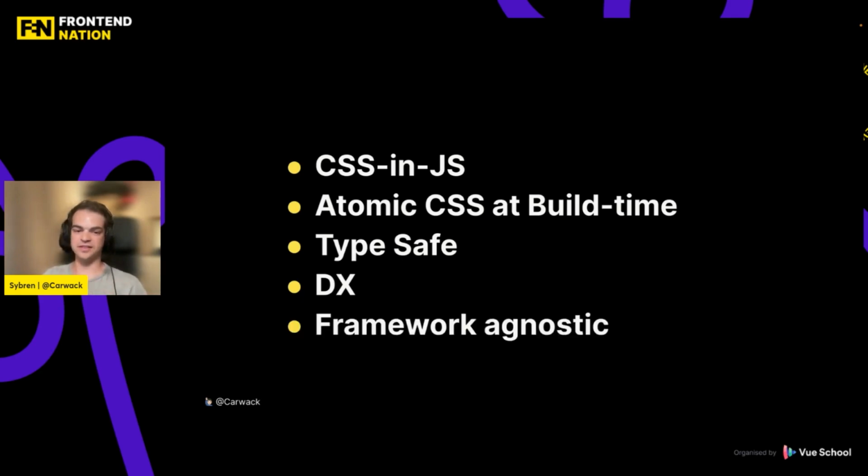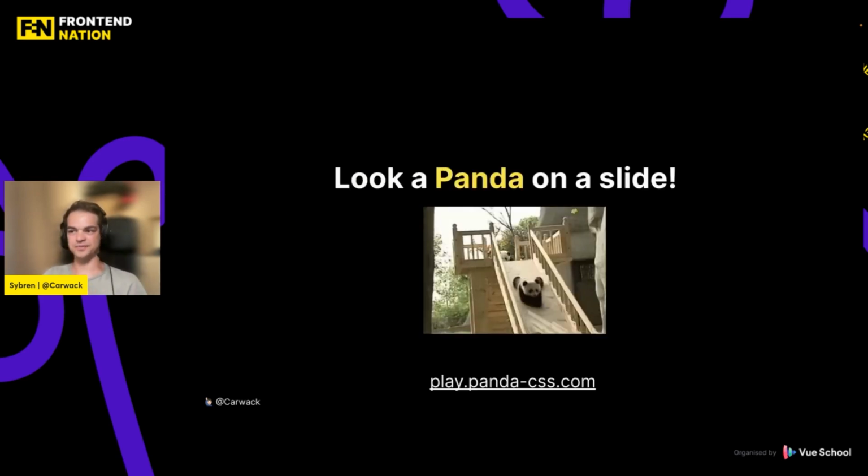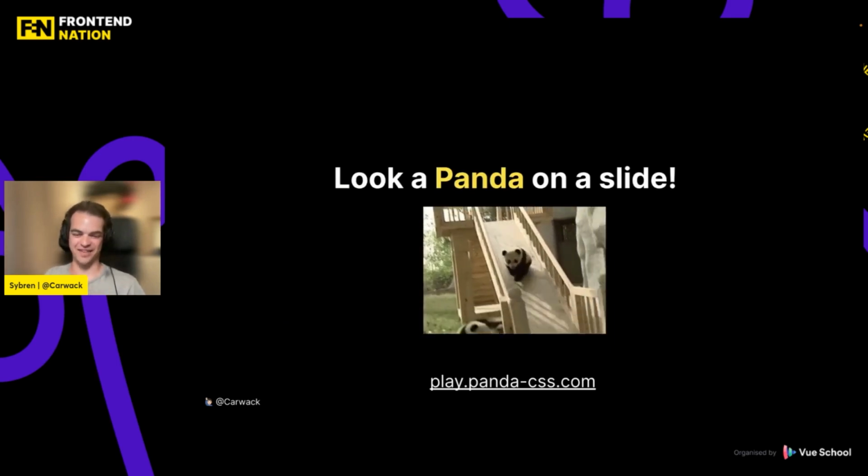Panda CSS is also framework agnostic, which means that you can use it with your favorite framework or server components. So with Vue, React, Astro, I'm pretty sure you can use it also with Lit, like from the previous talk. Not tried that yet, but I'm pretty sure you can do it. So yeah, really cool.